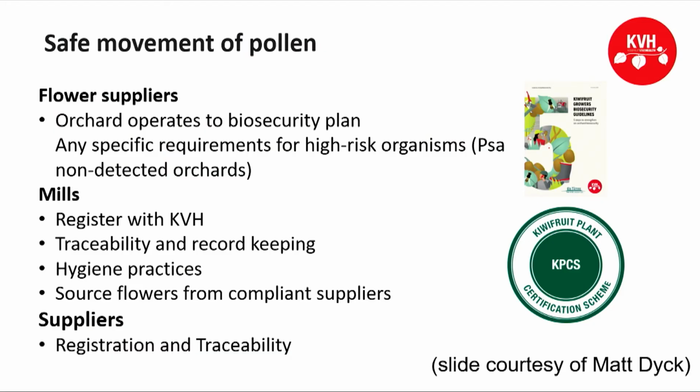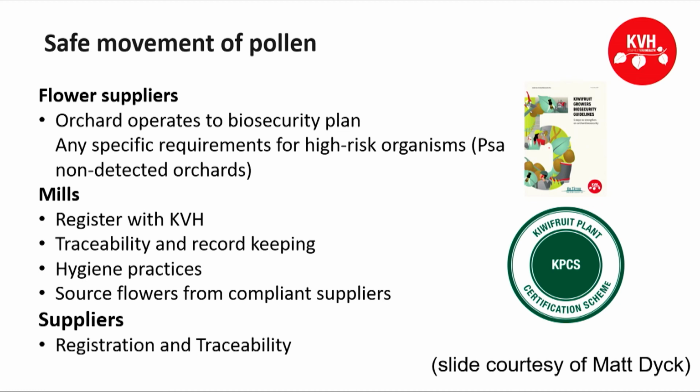And this is a slide courtesy of Matt Dick to show what is actually being done in the pathway management plan to ensure safe movement of pollen. So KVH realises that growers have a lot of compliance to deal with, and so the flower suppliers already operate to a biosecurity plan.